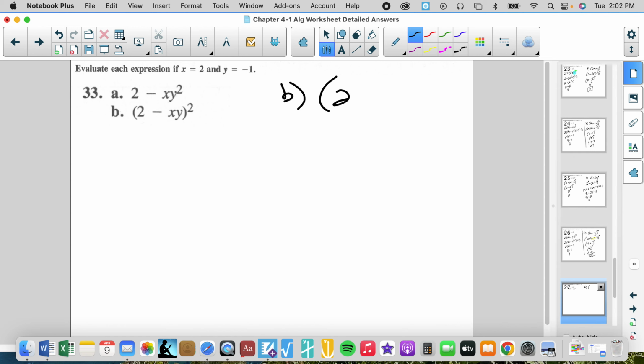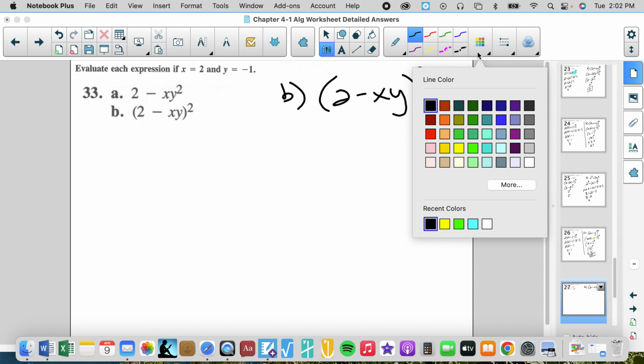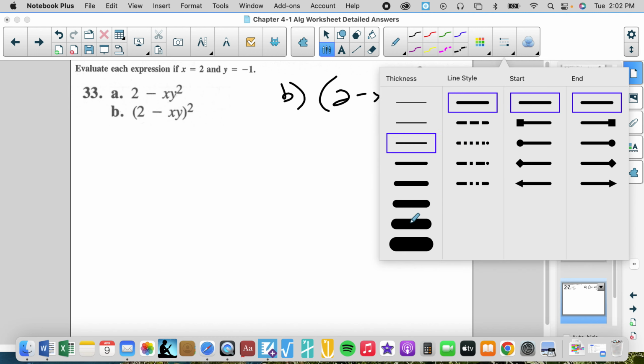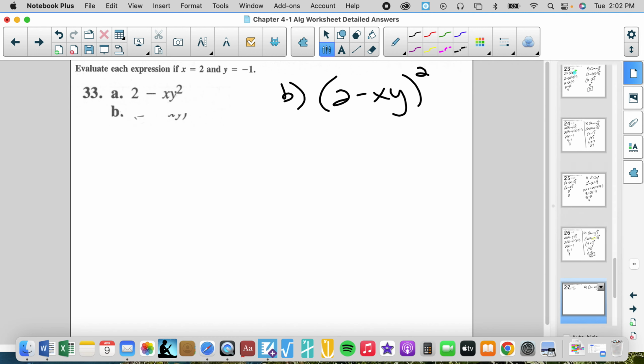The next one is 2 minus xy quantity squared. We get 2 minus 2 times -1 quantity squared.